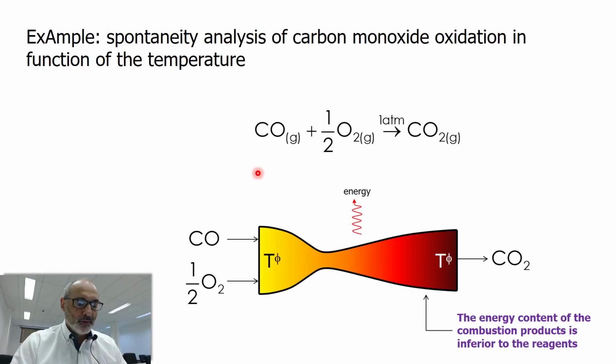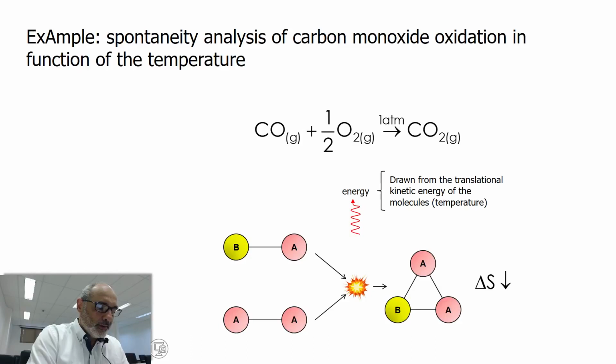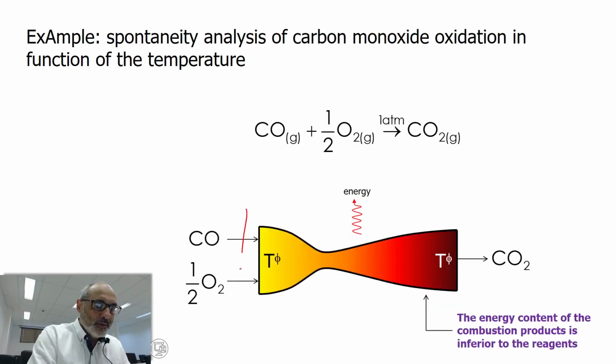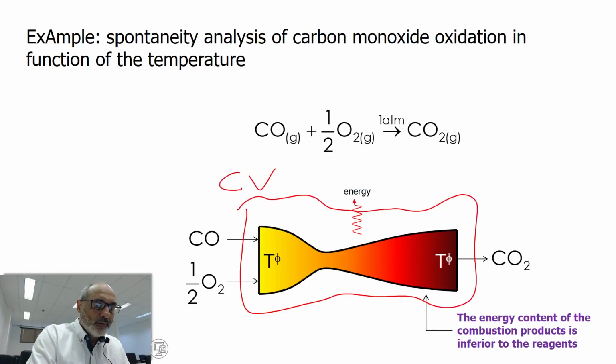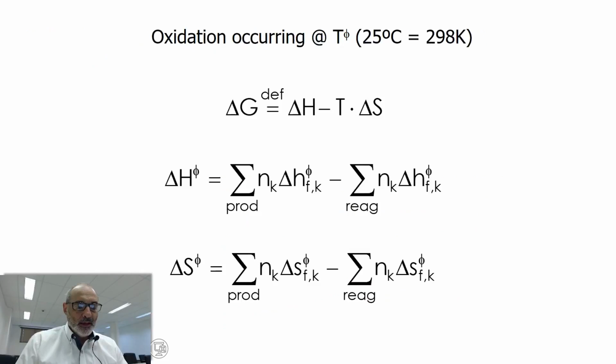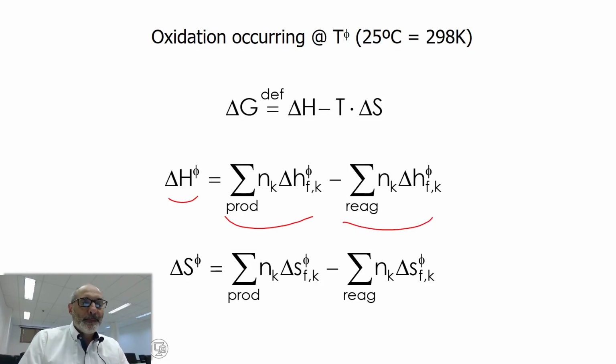Here the control volume is around here. Let me, oops, sorry, get my pen. Here the control volume is here, okay? This is my control volume. So delta H equals the sum of all products minus the sum of all reagents, okay?